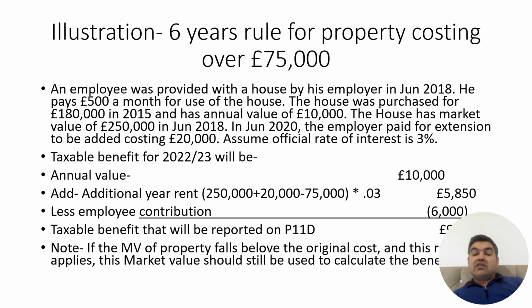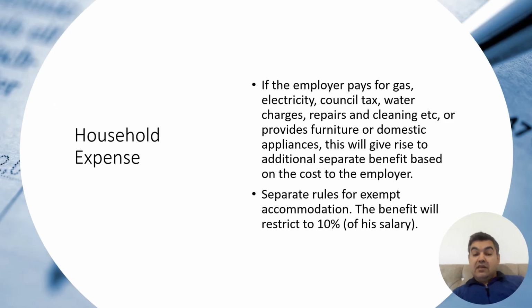That gives the taxable benefit reported on the P11D. If the market value for some reason falls below the original cost, you still need to use the market value. It's unlikely it will fall below, but in case the examiner tests you, always choose the market value if the 6-year rule applies.